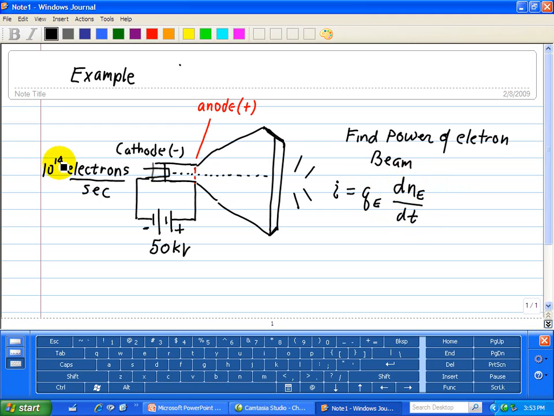We're given that as 10 to the 14th electrons per second.